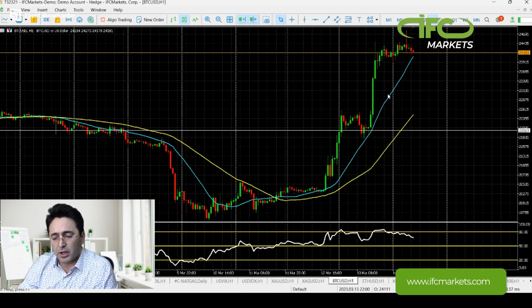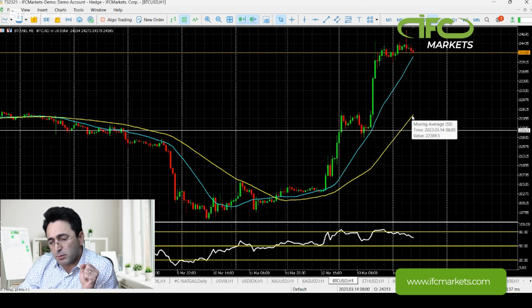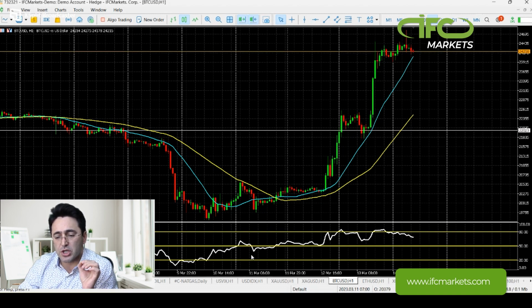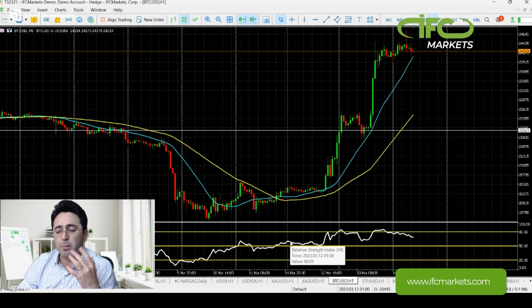Then we can see the RSI and the price. We have a different signal here. The blue one is the 20 moving average, and the yellow one is the 50 moving average. When the 20 moving average breaches the 50 moving average from down to up, it means that the trend has changed to the uptrend.